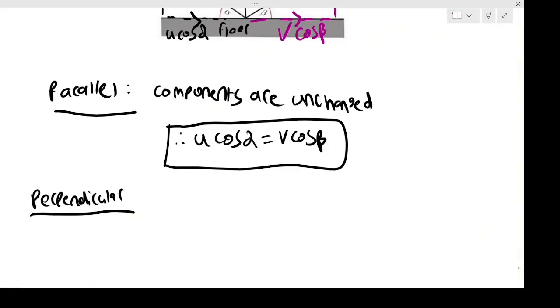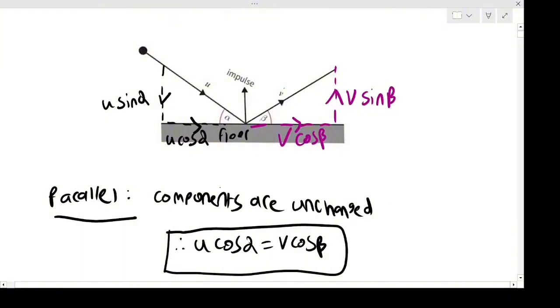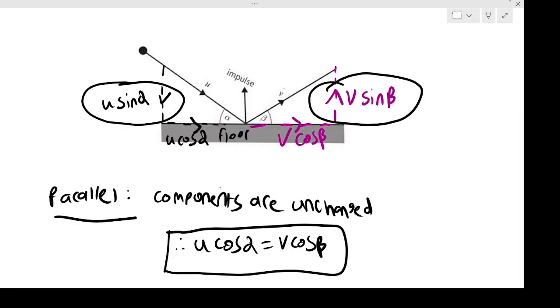Well, it turns out perpendicular does change, okay? So this is my perpendicular component before the collision, u sine alpha, and the perpendicular component afterwards is here. They do change, but specifically due to the coefficient of restitution, right?